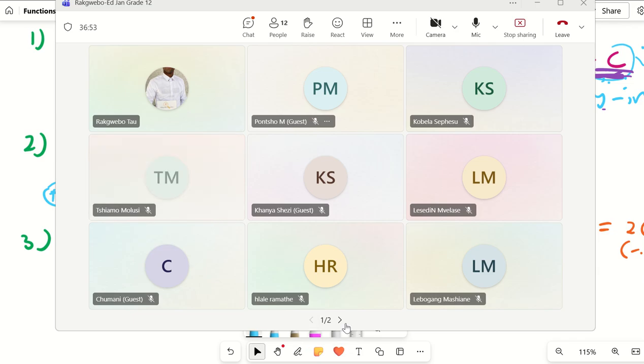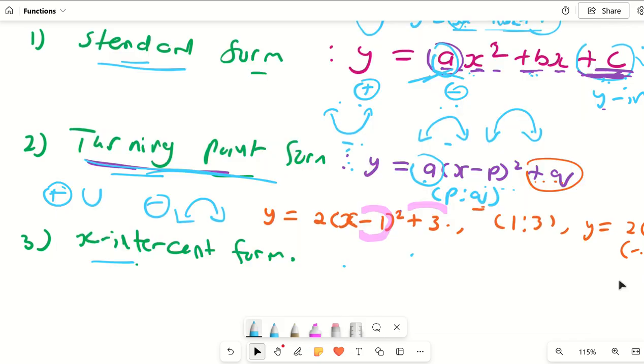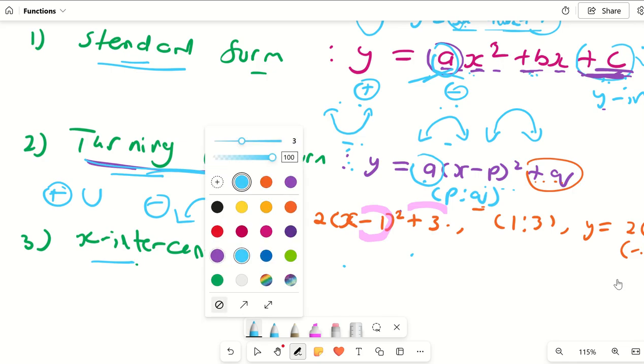Proper stuff. Sharp. Remember that we're still going to look at each of the 3 forms in detail just now. So this is just a quick summary to give you a holistic view of what we're going to be doing.